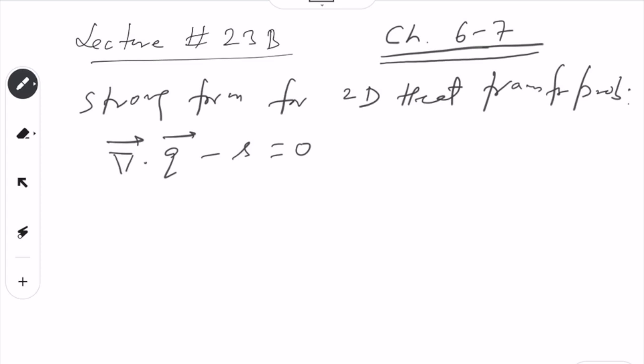And then we found out the weak formulation.